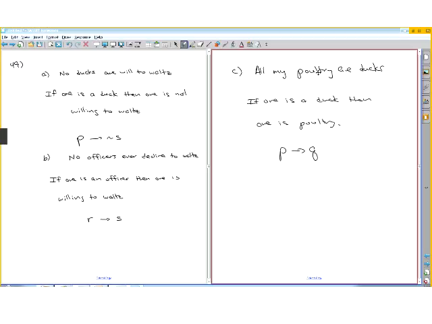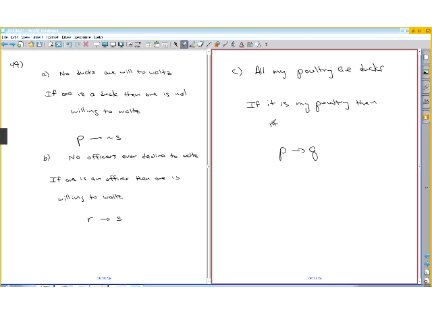Now, is that true? All my poultry are ducks. So actually I have that the wrong way around. If it is my poultry, then it is a duck. That was one of those other versions that I did, which could make sense, but doesn't agree exactly with what I have.